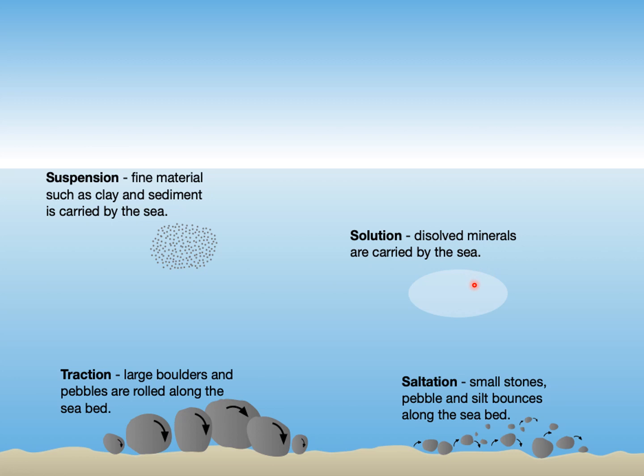All right, and that is the reason why, for example, the seawater is so salty, because what you're tasting is the salt in the water, and the salt is a dissolved solution. That is why you can't really see the salt in the water, but you can taste it.